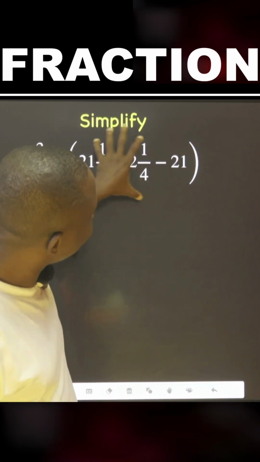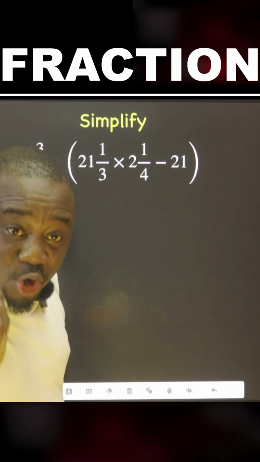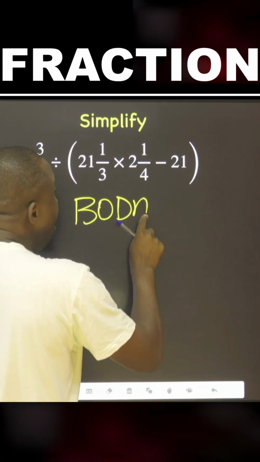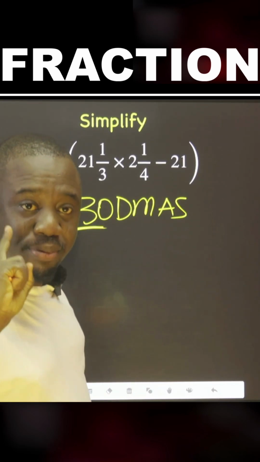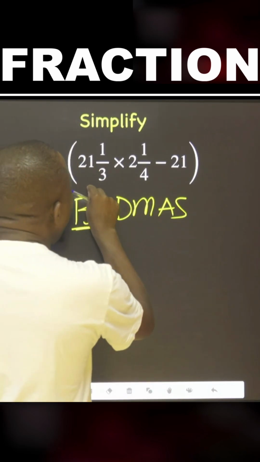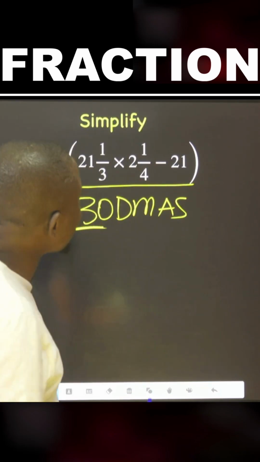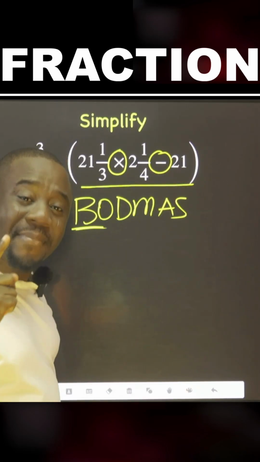We have other items within the bracket. Which one are you going to solve first? You use BODMAS. BODMAS means you should use bracket first. So we work on the bracket first. Inside the bracket, as you can see, we have multiplication and minus.